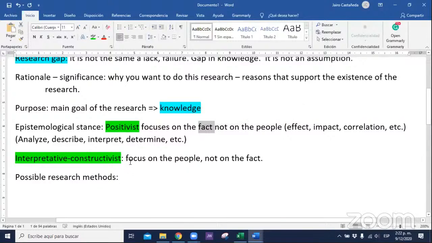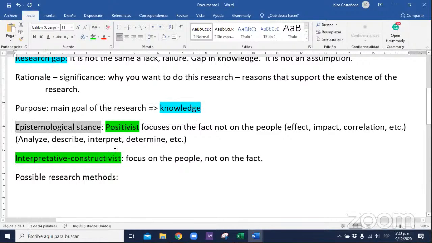But if you say understanding the experiences of students while using ICTs, you are focusing on people. Naturalist or interpretative. Very good. So you can see the difference, right? So the purpose in here also determines your epistemological stance.